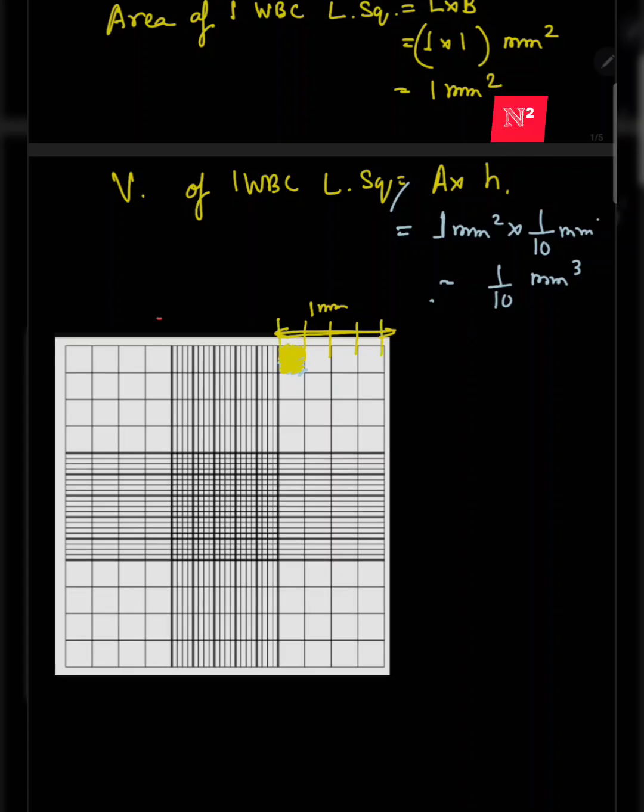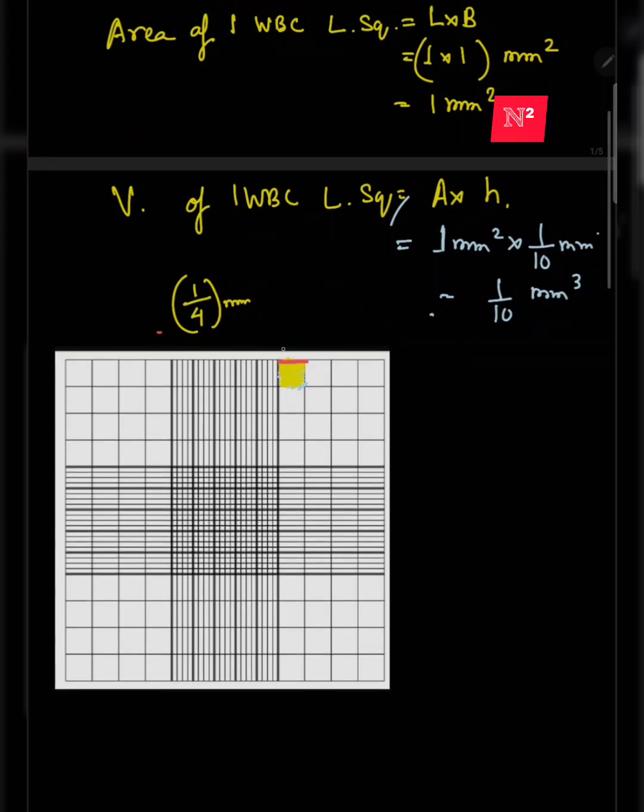So when 1 millimeter is divided into 4 equal parts, the value becomes 1 by 4 millimeter for each segment of the length of the small WBC square. Okay, let me erase all the parts. So this part is 1 by 4 millimeter.